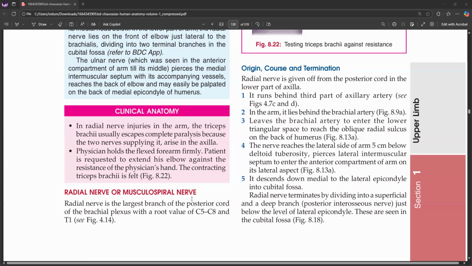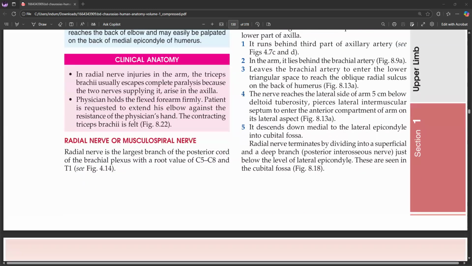Number 3, leaves the brachial artery to enter the lower triangular space to reach the oblique radial sulcus on the back of the humerus, figure 8.13a. Number 4, the nerve reaches the lateral side of arm 5 cm below deltoid tuberosity, pierces lateral intermuscular septum to enter the anterior compartment of arm on its lateral aspect, figure 8.13a.